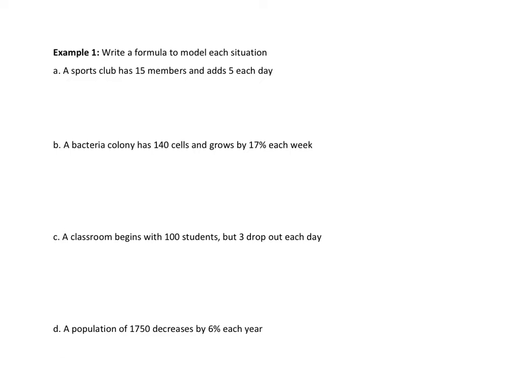So for this first one, it says a sports club has 15 members and adds 5 each day. Well, if we let days be the input and the sports club be the output. So let's say C is the club. And let D, the number of days, be the input.